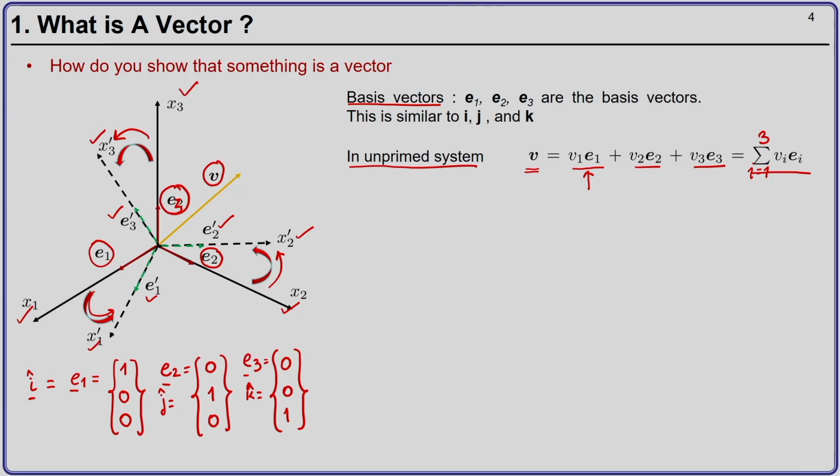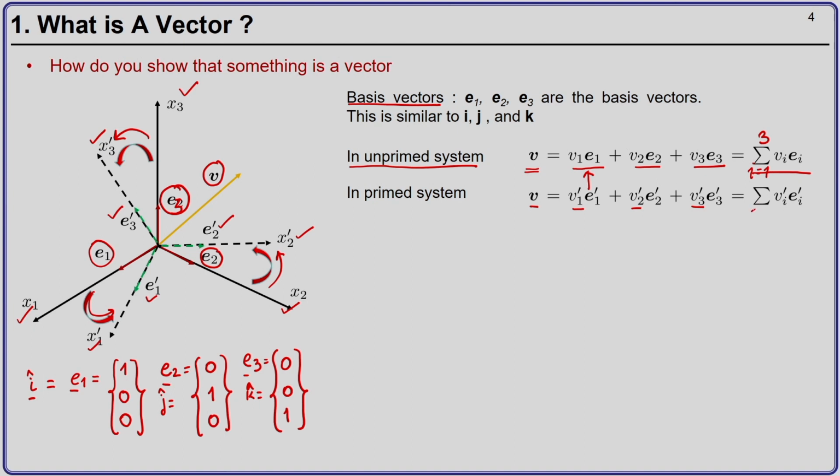Now, in what is called the primed system, the one obtained by the rotation of the original coordinate system, we can write the same vector in terms of its components v1 dash, v2 dash, v3 dash along the x1 dash, x2 dash and x3 dash directions.